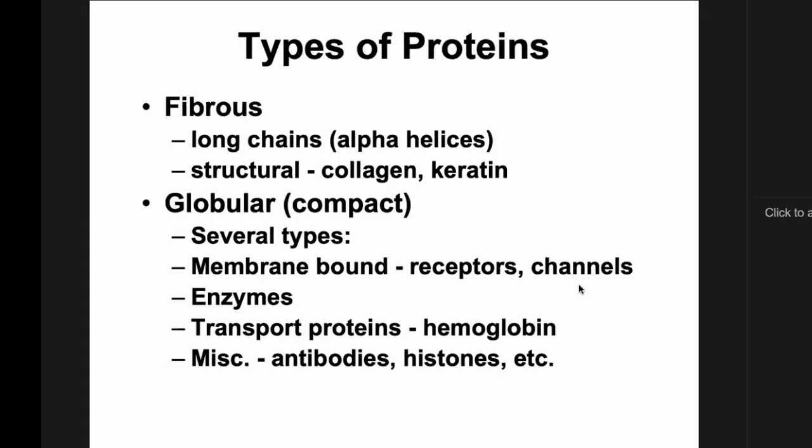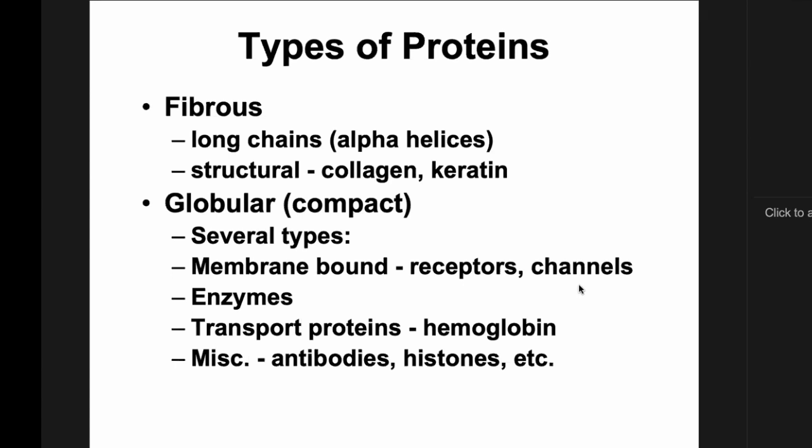So the fibrous proteins tend to have long chains, and sometimes these chains are literally just really, really long continuous alpha helices. And keratin is a good example of that. So keratin, the protein that forms hair, so human hair and any kind of animal fur, but it's the protein that forms feathers in birds.